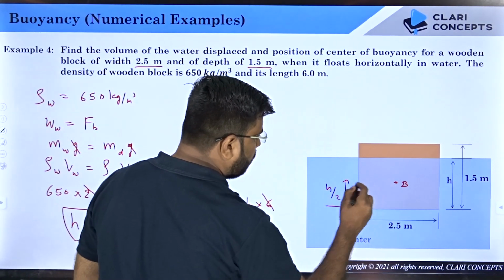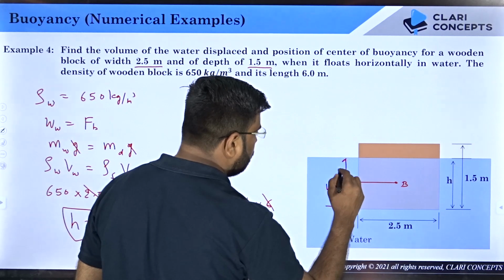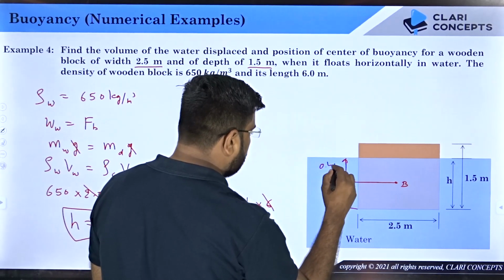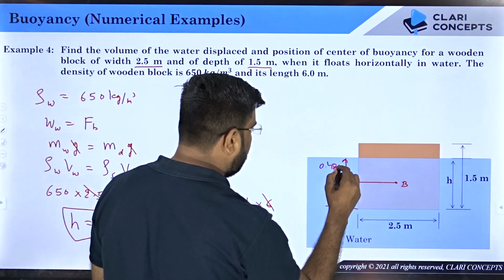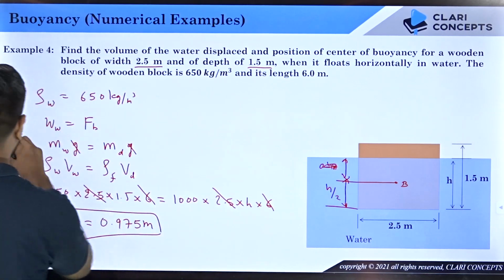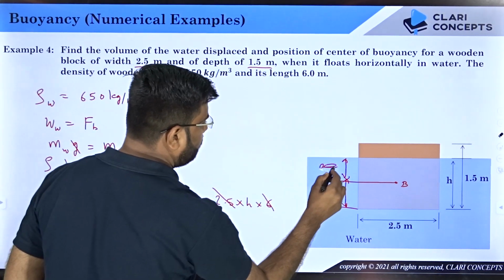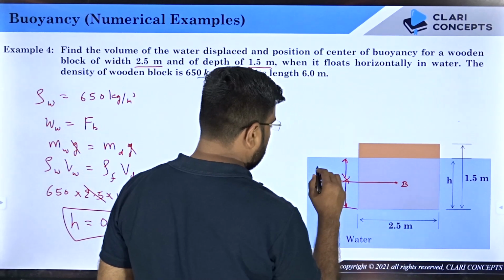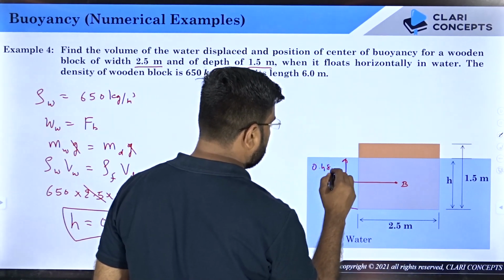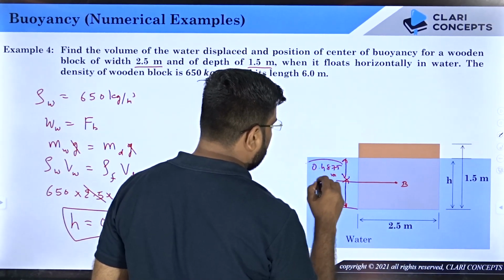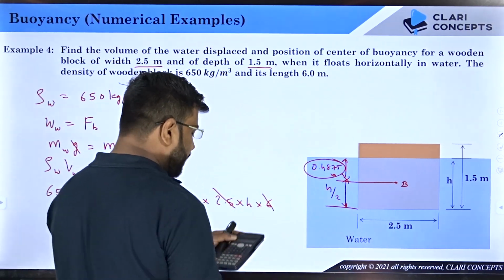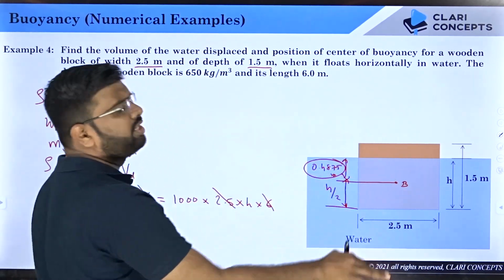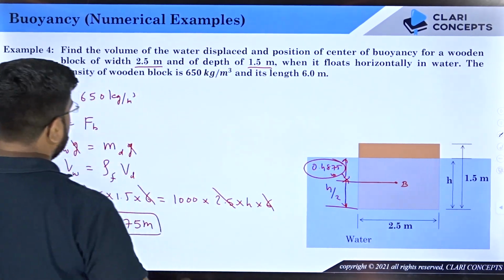So this distance is also h by 2, which is 0.4875 meters. This is one of the answers. The buoyancy location is 0.4875 meters from the free surface of water, right? This you got as one of the answers.